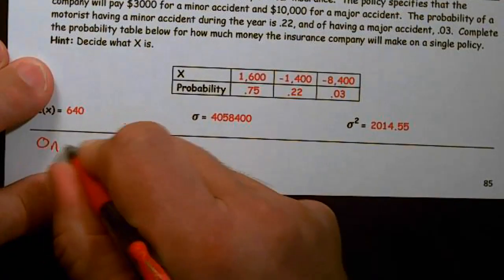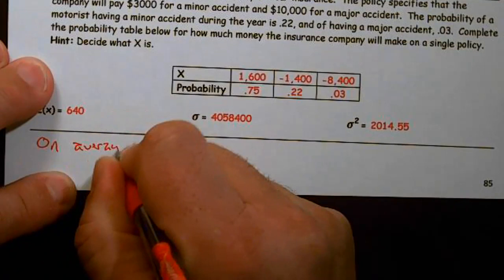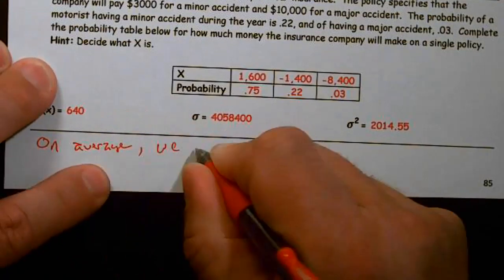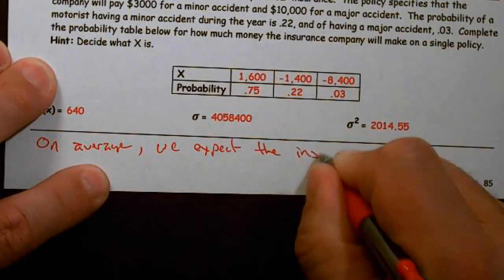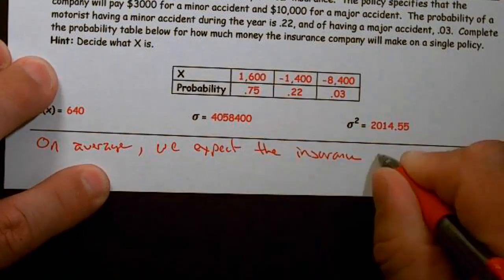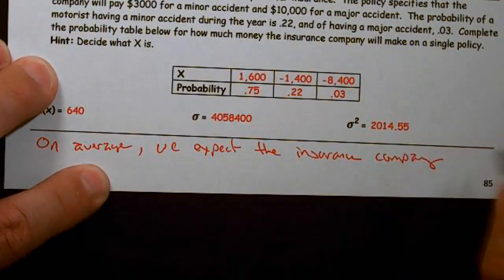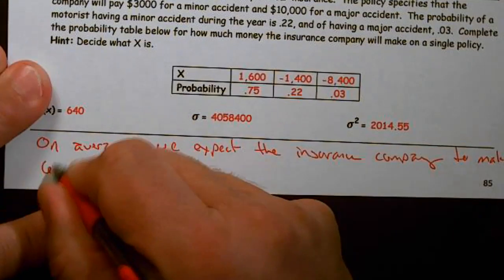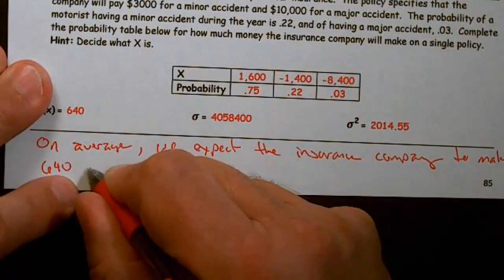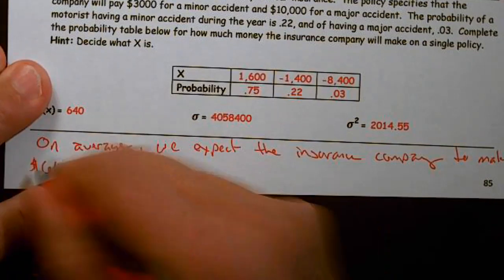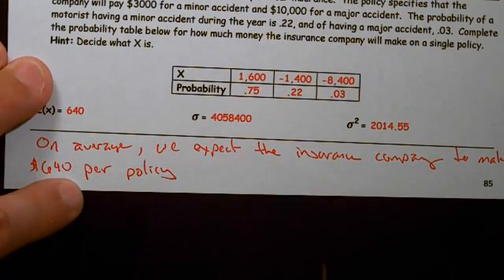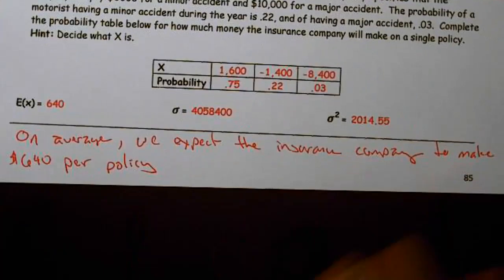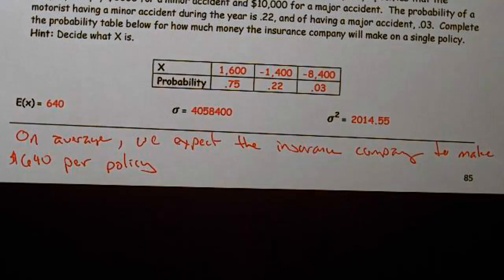On average, we expect the insurance company to make $640 a policy. So anytime they ask you to compute the expected value, you need to give an explanation of what that is. So that's what we expect.